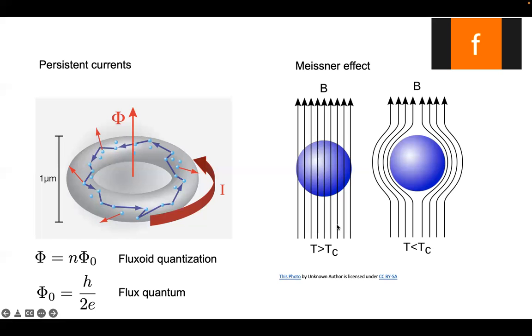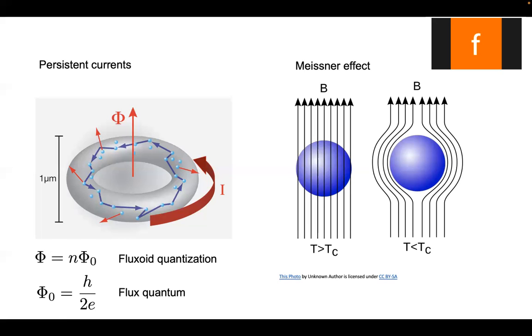Imagine you have a sphere here. The blue sphere is a normal metal. The observation is that if we are above a critical temperature and we have an external magnetic flux, then the magnetic flux goes through the material, essentially.